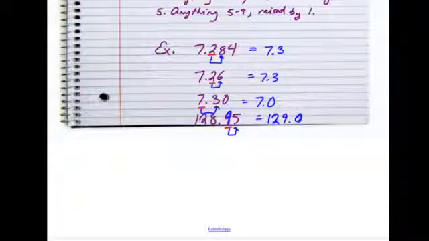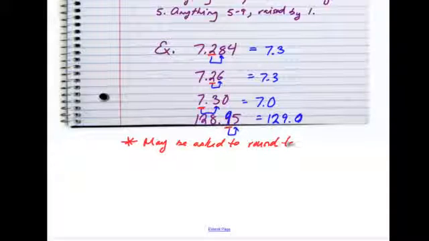The one thing you do want to remember is that you may be asked to round to a specific place value. And this is important because when you're doing a test or a quiz, I may ask you to round to the tenths place or the hundredths place or the thousandths place in some of your answers. And if you go below or beyond that digit, you will get the problem incorrect.